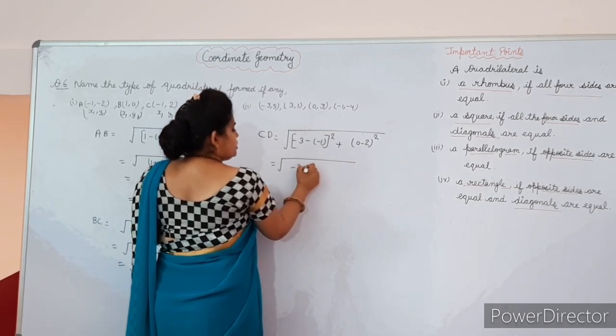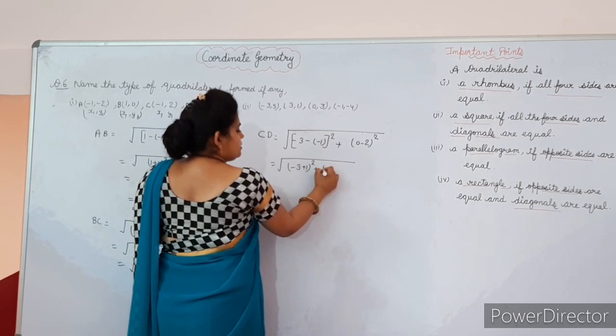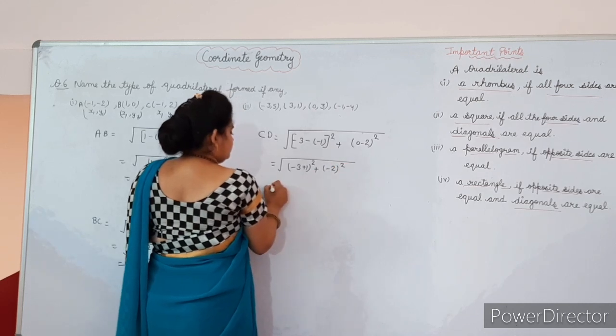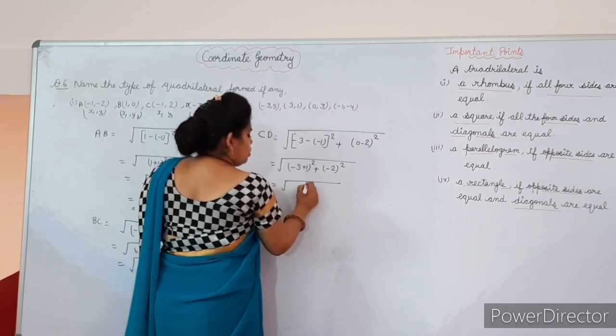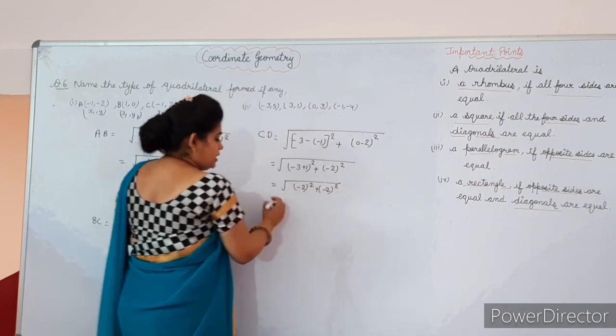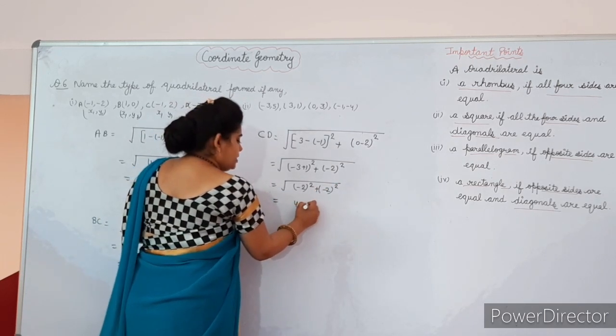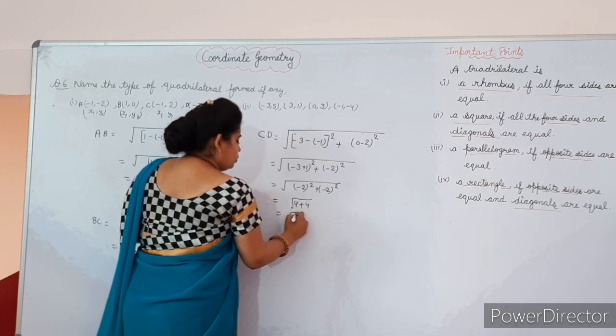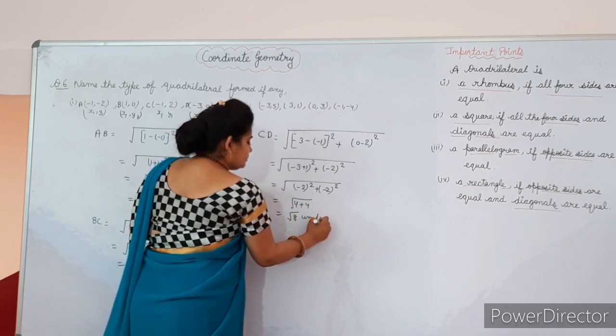Minus 3 plus 1 whole square plus minus 2 whole square. Minus 2 whole square plus 2 whole square, and square of minus 2 is 4. 4 plus 4 and it is equal to root 8 units.